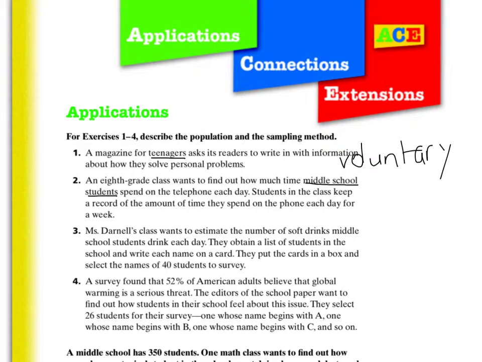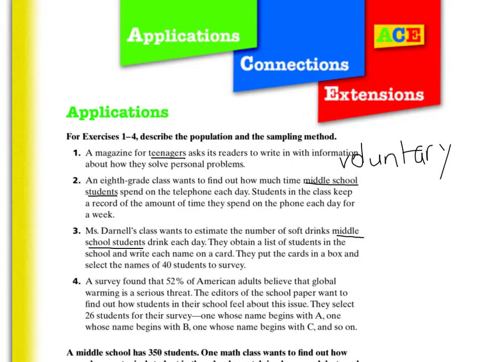Okay, number 3. Ms. Darnell's class wants to estimate the number of soft drinks middle school students drink each day. They obtain a list of students in the school and write each name on a card. They put the cards in a box and select the names of 40 students to survey. Alright, so for this one, the population being studied is middle school students again.